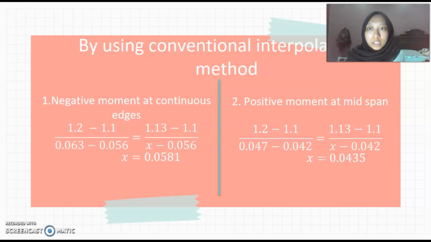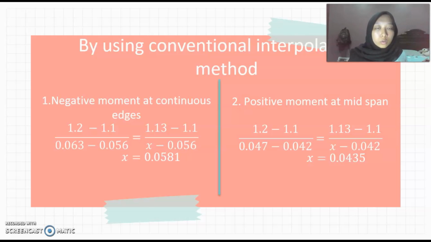For the negative moment, (1.2 - 1.1) over (0.063 - 0.056) equals (1.13 - 1.1) over (x - 0.056). So x will be 0.0581.